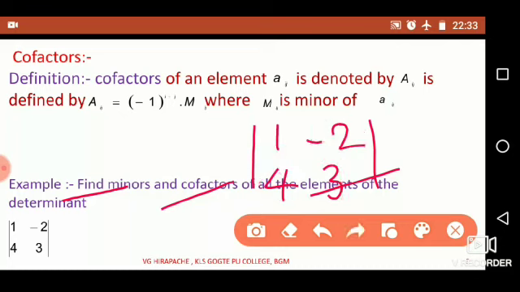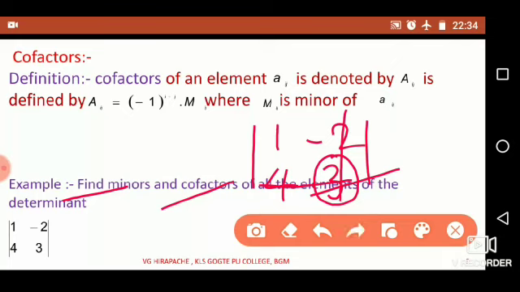Similarly, we can find the minor of 4. That 4 is in the second row and first column. Deleting the respective row and column, the element which is left, the minor of 4, is minus 2. Finally, the minor of 3: deleting the row and column consisting of 3, we are left with the number 1.